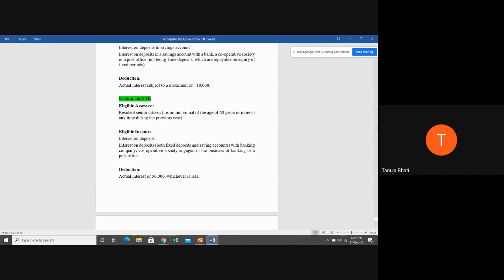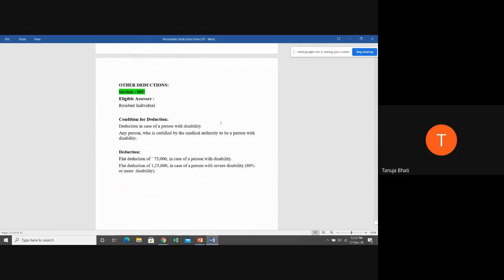Next, the last deduction is section 80U. 80U is applicable only to an individual resident. Now let us see what the condition is for availing this deduction.